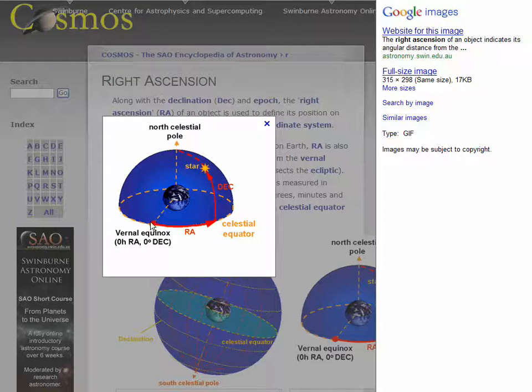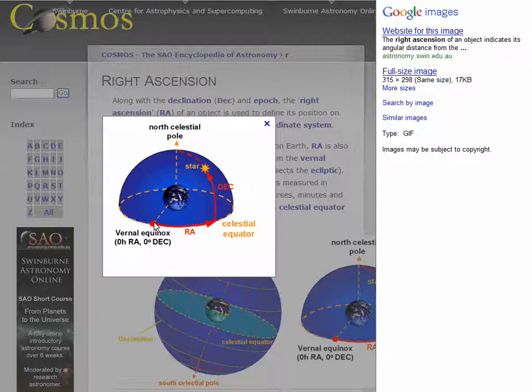So on the vernal equinox, the location of the sun at that point, for an observer on the Earth's equator, that would be the point of zero right ascension, zero declination.